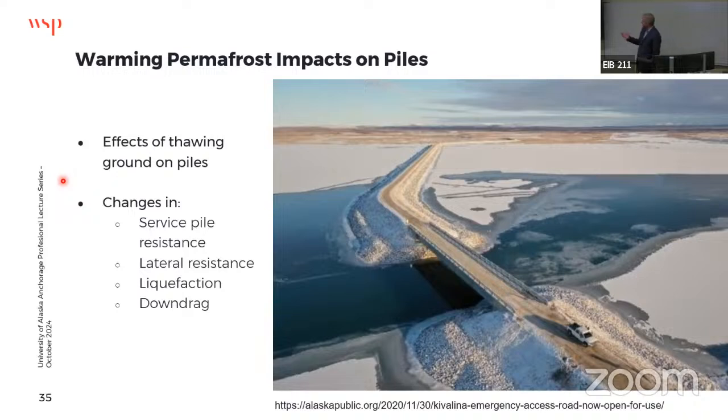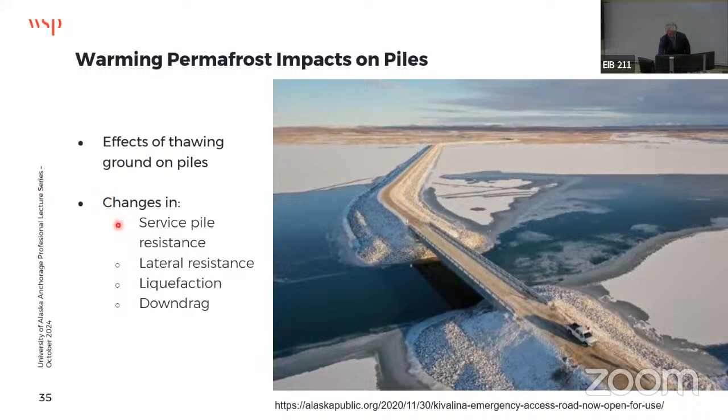So this is a bridge. It takes folks to the school up the hill, and eventually the future community that they're looking at. But the DOT was concerned, they're going to get 75 years out of this bridge, right? And so we looked at the piles, we looked at the soil, and we did a bunch of analyses based on what we thought the behavior of those soils was going to be once they thawed, or once we lost our permafrost.